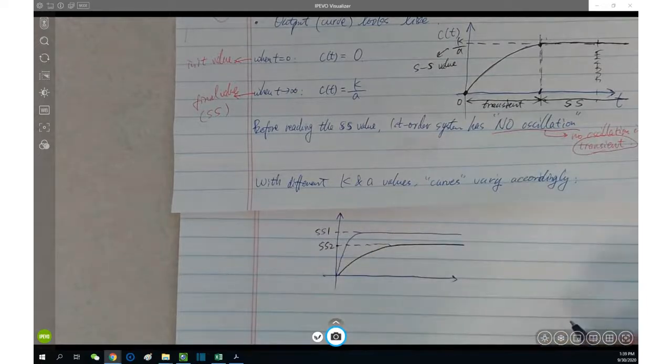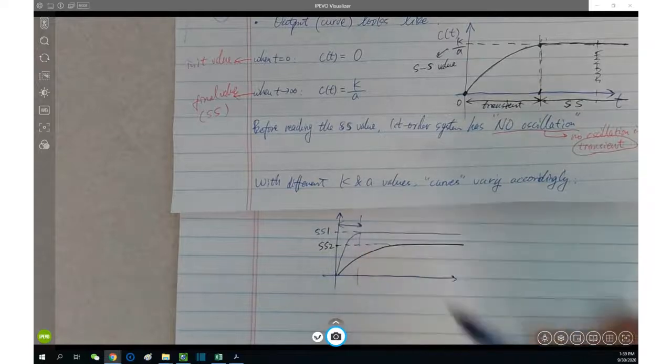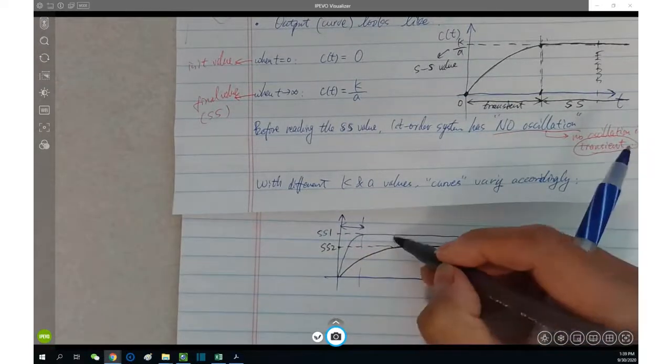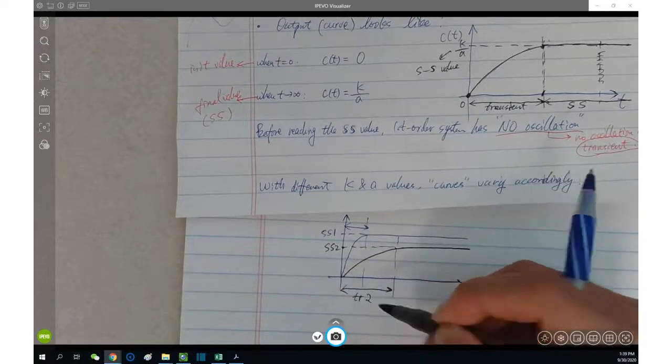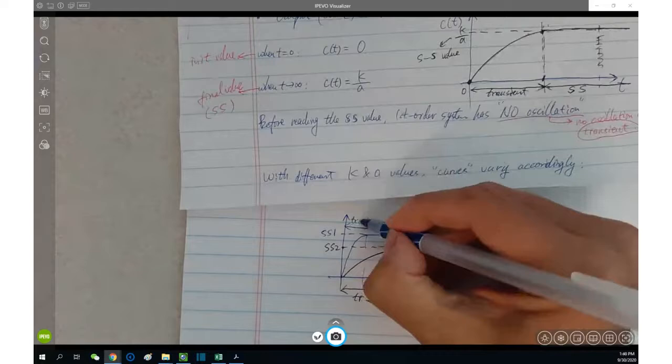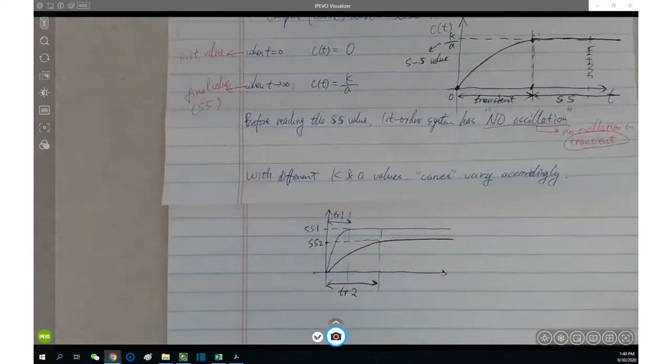And you have this amount of transient for the blue and this amount of transient for black, right? So having different values for K and A, of course, you have different curves. Okay, so such kind of variation. It's not a surprise.